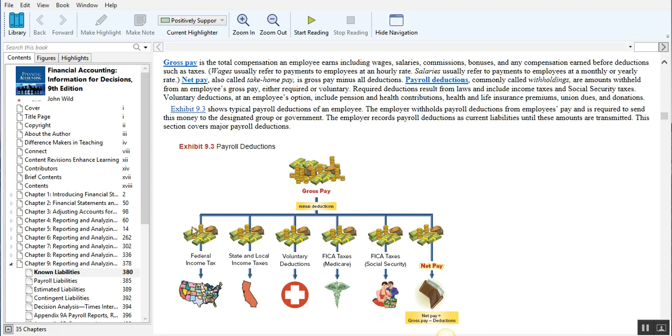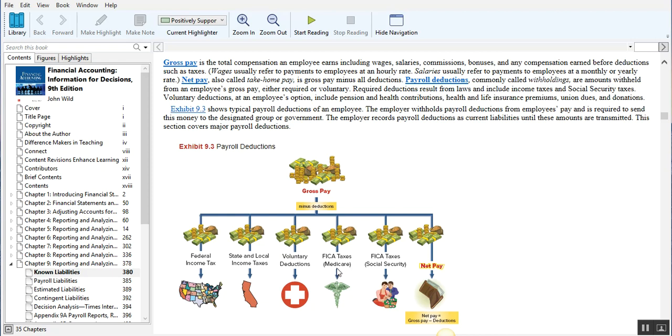So you calculate the federal income tax based on the withholding allowances they file. State and local taxes the same way. Now in Indiana, we have county taxes for local taxes, but we do have local taxes.